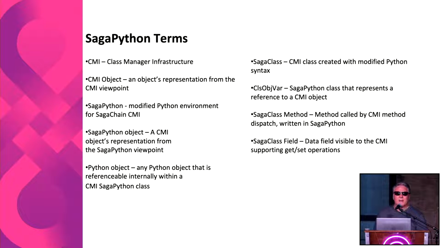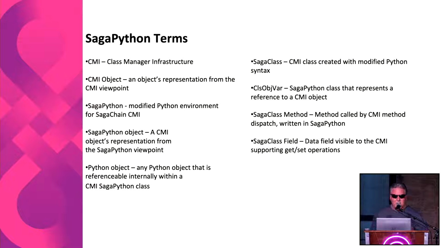The next one, CMI object, means that there are different viewpoints: there's SagaPython's viewpoint, there's a consensus viewpoint, and there's a class manager infrastructure viewpoint of what an object is. I'll walk through the different viewpoints, so that when I use these words, you know what they mean.